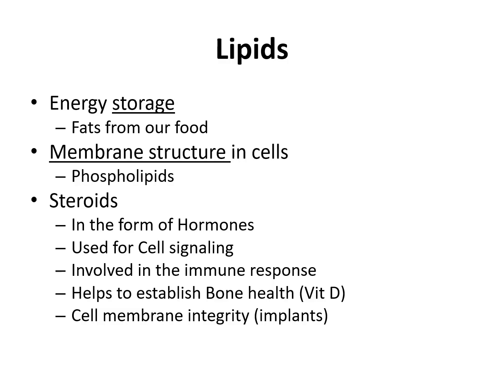They're usually in the form of hormones, and we know that hormones are involved in the immune response. They help to establish bone health, and they help to keep our cell membranes from falling apart. So 3 different types of lipids: triglycerides, phospholipids, and steroids, all with 3 different jobs.